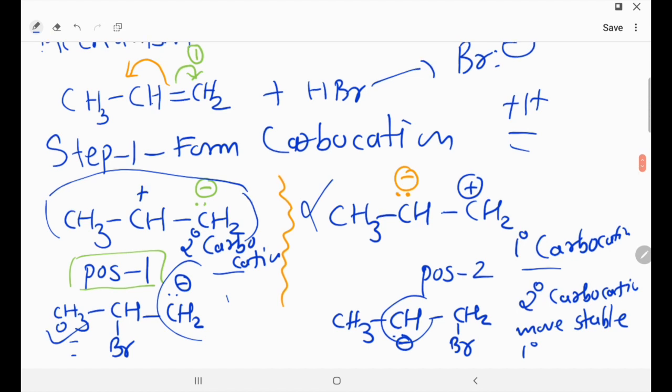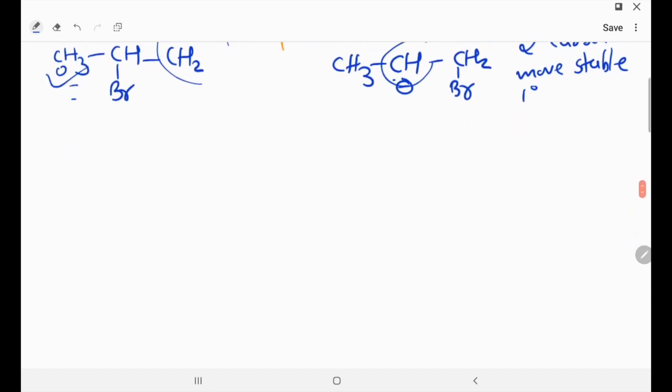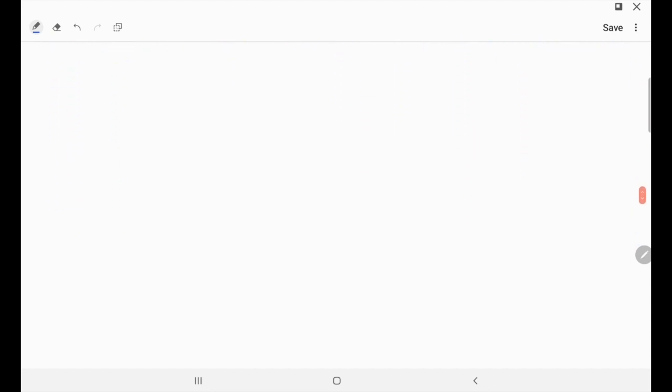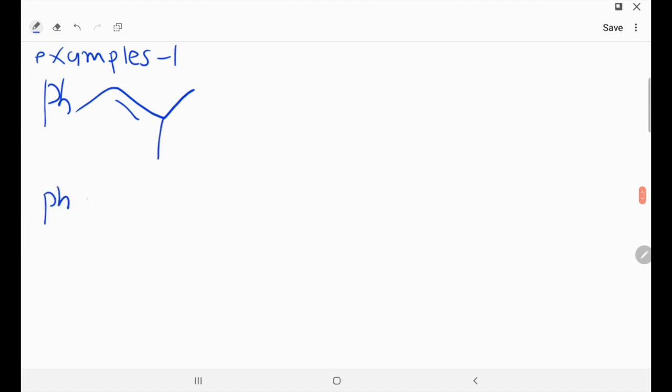Now let me give you some examples and different ideas. Here we are going to deal with examples. So example number 1, Ph, with the structure given something like this. Here, dear students, what do you mean by Ph?